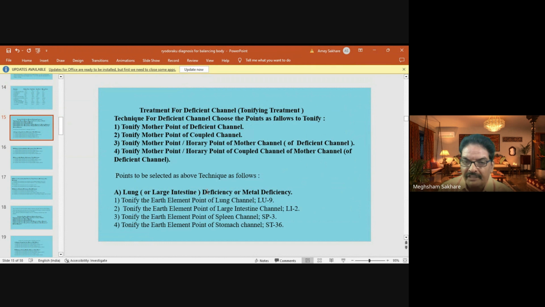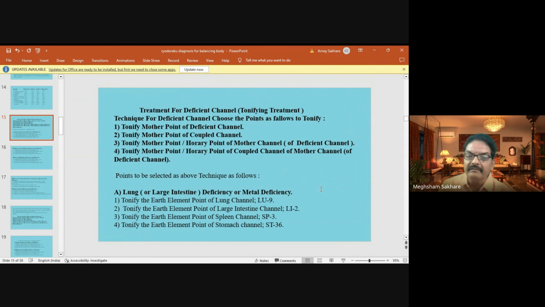Lung or large intestine deficiency. Tonify the earth element point of the lung channel, meaning Lung 9, or the coupled channel, large intestine, LI2 is the tonifying point.